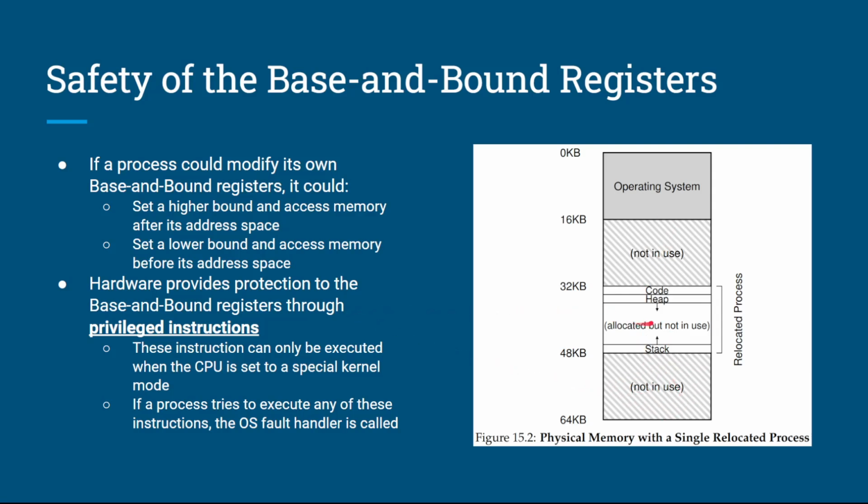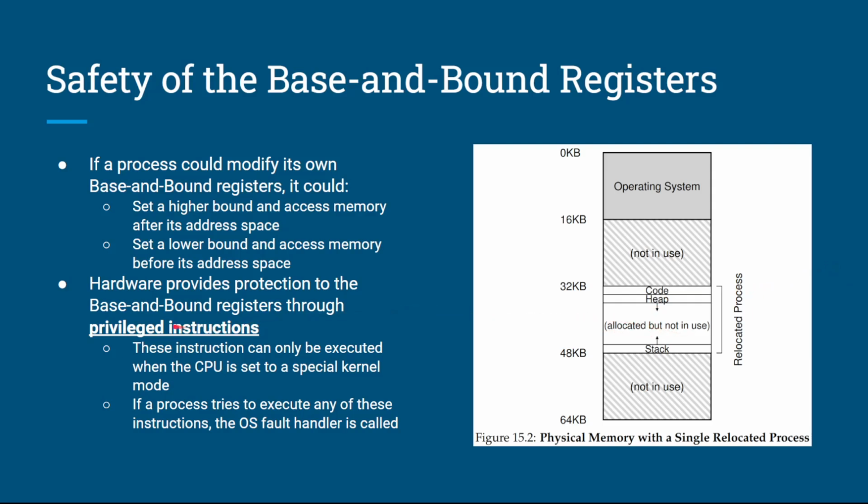Or if this process could run the instruction to change the base register, it could actually start accessing memory before it, or even the operating system in this case. So what we need to do is prevent the process from modifying those two registers.